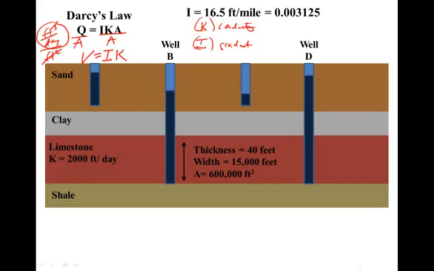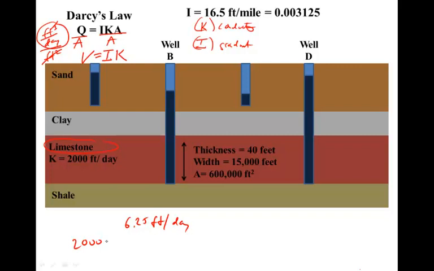Let's find the velocity of groundwater flow in the limestone. We take our conductivity, 2,000 feet per day, times our gradient, 0.03125 unitless. Velocity, 62.5 feet per day.